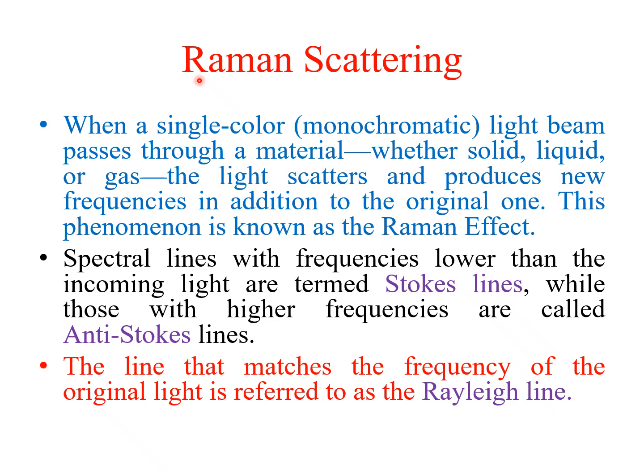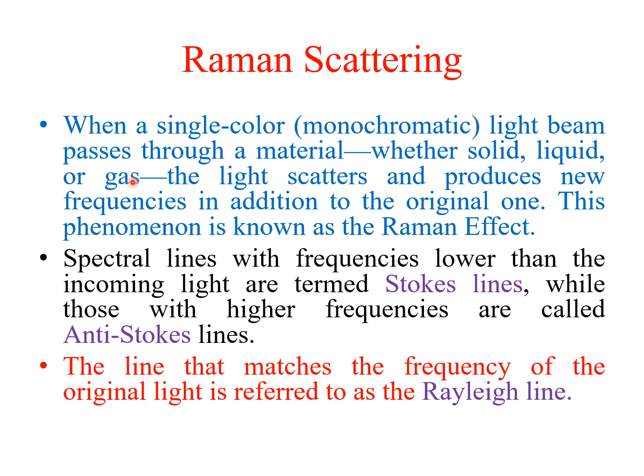As explained in the previous slide, this is just a brief about that. So when a monochromatic light passes through a material, it will produce a frequency addition to the original one. This phenomenon is known as Raman effect.